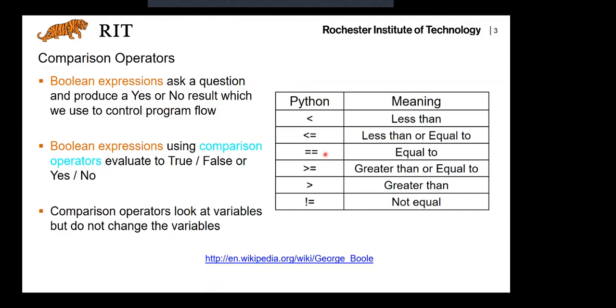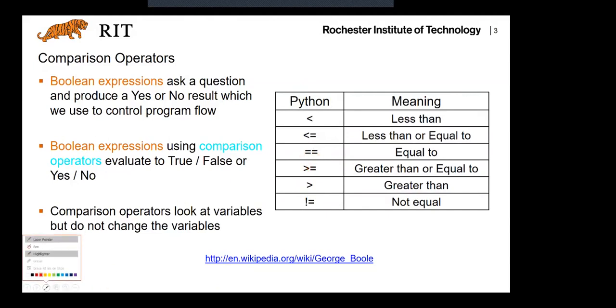Okay. So there are other comparison operators such as less than or equal to, greater than or equal to, and not equal. I would like to put more words on two of them. First is this equal to.